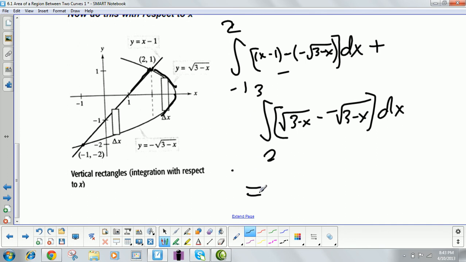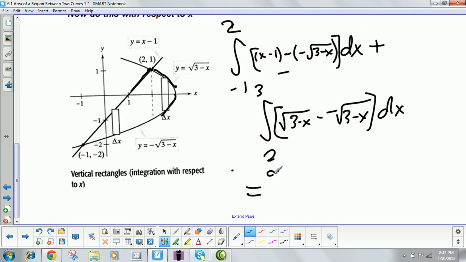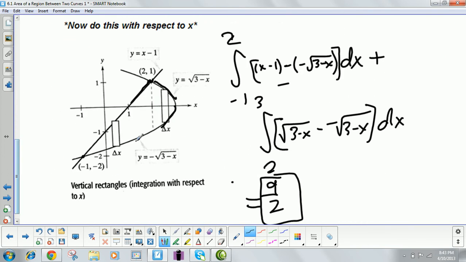The answer is the exact same answer as we got up here, just with a lot more work. So just be able to recognize whether finding the integral with respect to y or with respect to x would be the easiest method.